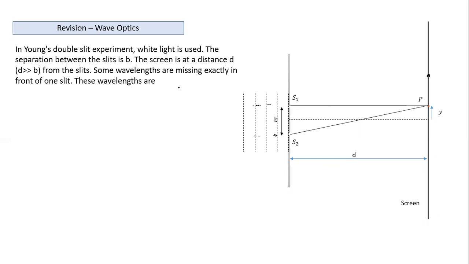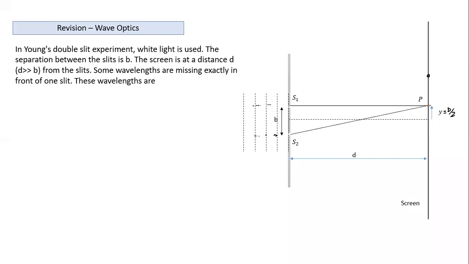What is given here? Some wavelengths are missing exactly in front of one slit. Let's take slit 1, S1, and take a point P exactly opposite to slit S1. It means y will be equal to b by 2, that is, exactly opposite to the slit. At this point, if we check which wavelengths are present, we find some wavelengths are missing.